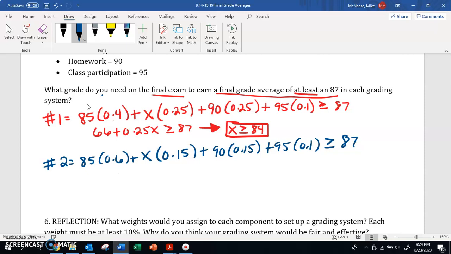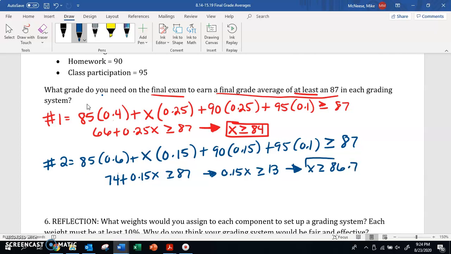So we should get 74 plus 0.15x is greater than or equal to 87. If we move the 74 over, we should get 0.15x is greater than or equal to 13. And then from there, we can say that x is greater than or equal to 86.7. So in system number two, we'd have to make at least an 86.7 to make an 87 or greater on our final grade.